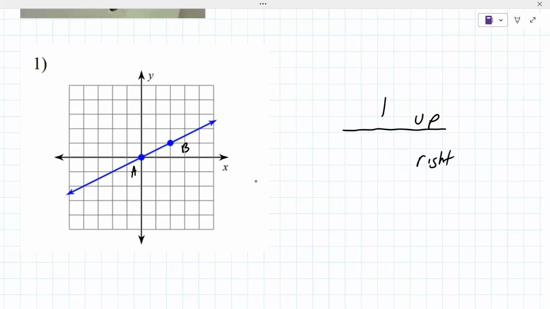And how many to the right? Three, wait, no, two. Two. You're just counting, right? You don't count the first one: 1, 2. So we've got a slope here of 1/2. Does that make sense? Okay.